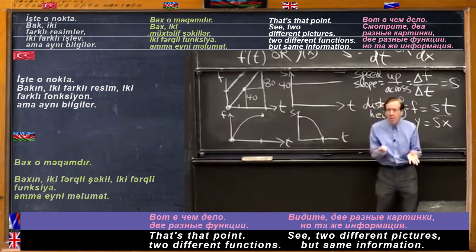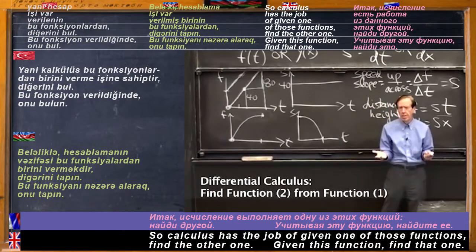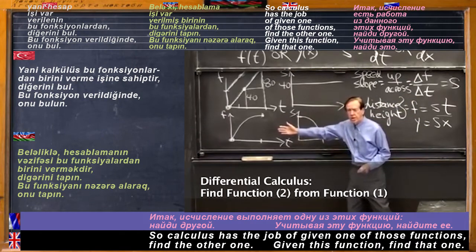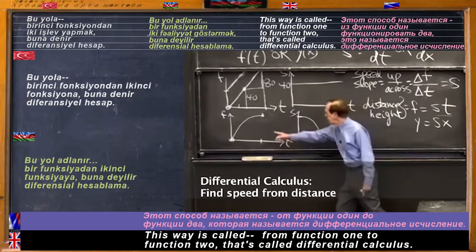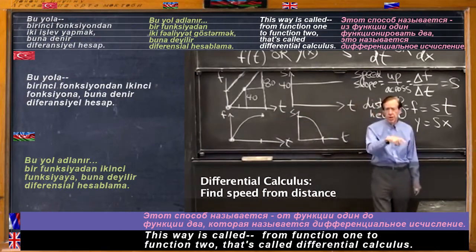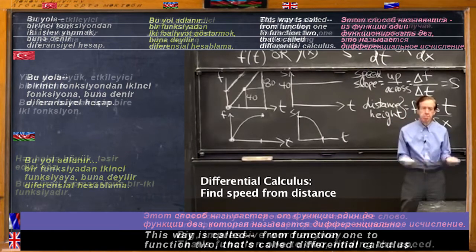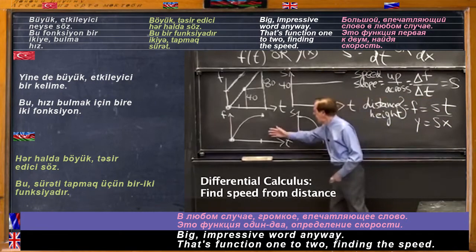See, two different pictures, two different functions, but same information. So calculus has the job of, given one of those functions, find the other one. Given this function, find that one. This way, from function 1 to function 2, is called differential calculus. Big, impressive word anyway.